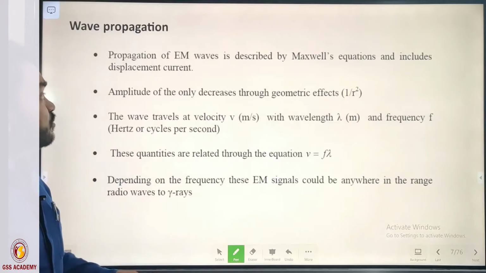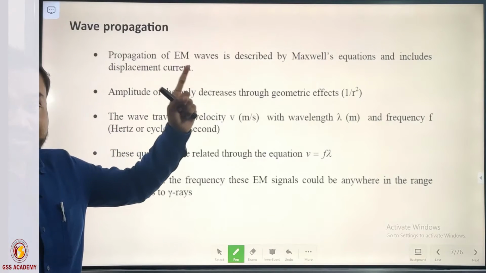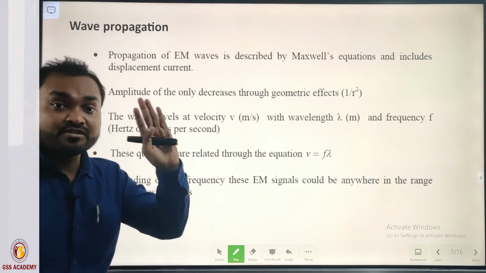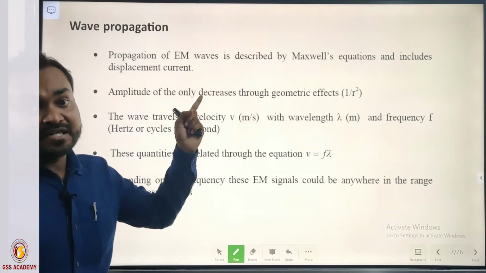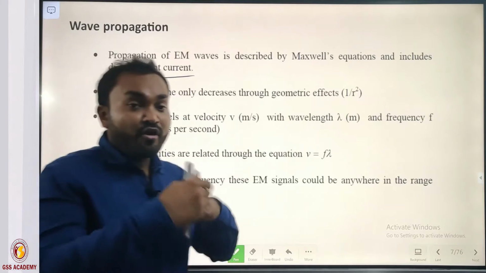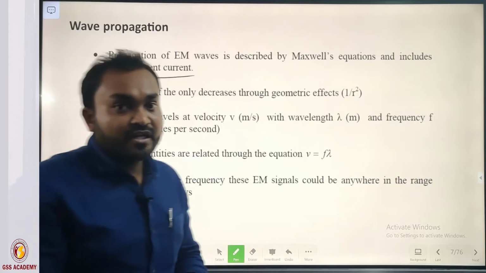This wave propagation is described by Maxwell's equations, as I have already told. There are 4 equations that I will describe in my next class. Maxwell basically included displacement current, which is the modified version of Faraday's induction law.